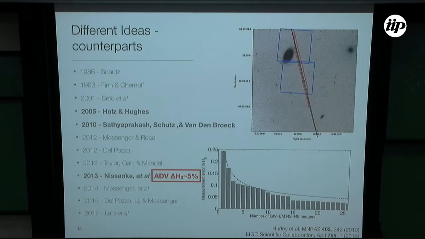So Holtz and Hughes in 2005 looked at this for LISA events. And if I remember correctly, with supermassive binary black holes in LISA, what you expect is you get far higher SNR, which is giving you a better distance estimate. Because you're observing it for a lot longer, during the time that LISA is rotating around its orbit, you're getting a far better sky localization and therefore more chance of observing the right galaxy.